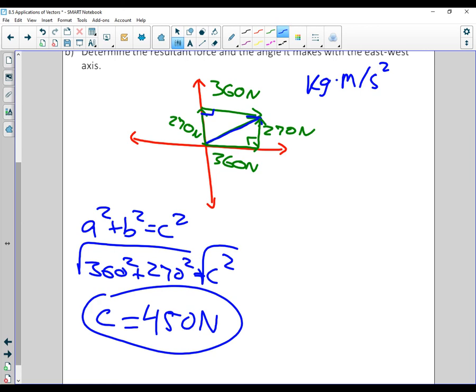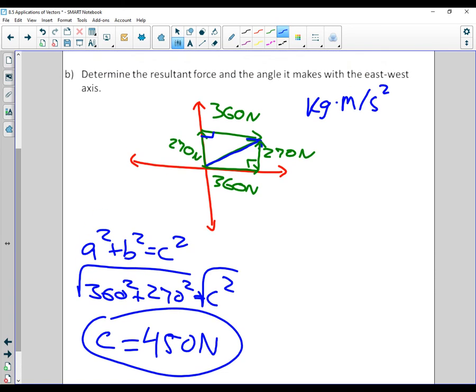Well, what else does it want? It wants the direction, the angle. How can I get the angle? How can I get this guy here? Technically, you can use any one of them you want because we just found that this is 450, right?